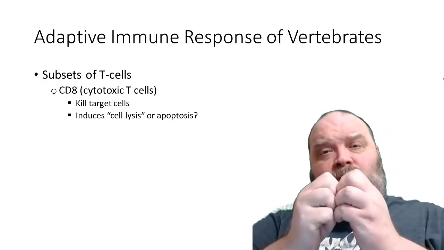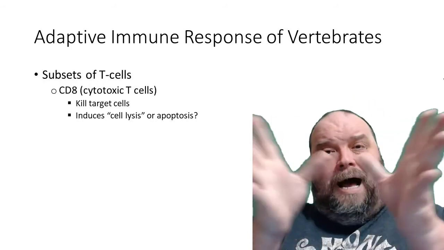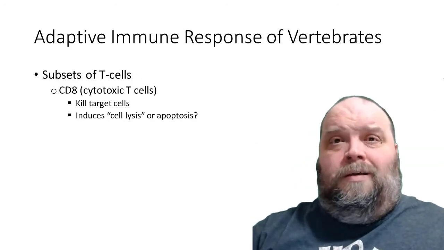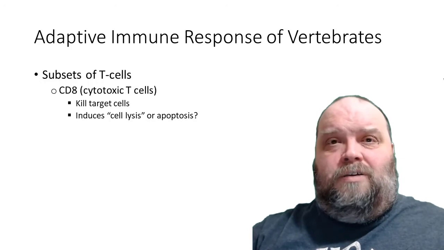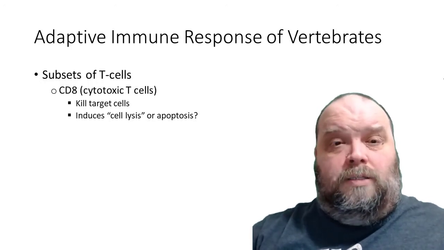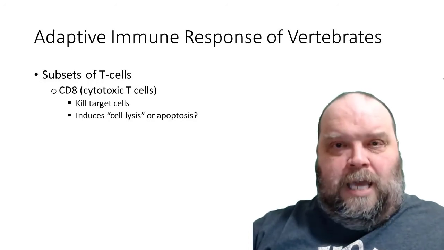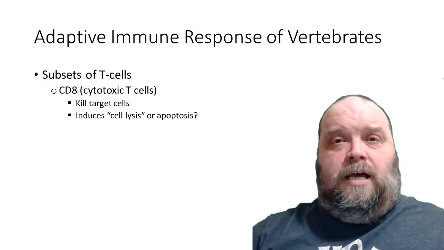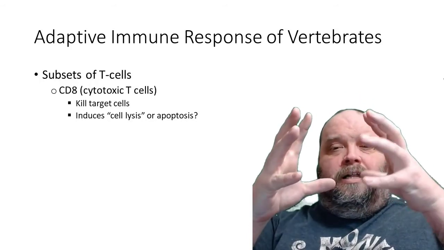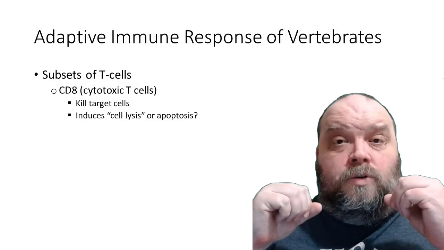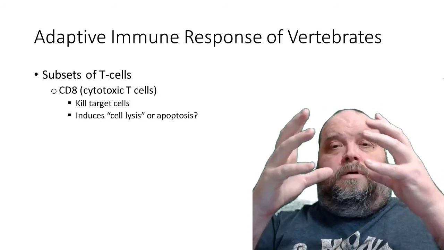So by having your cells lyse, pop, all that stuff gets spewed forth. Things are going to start causing an immune reaction you don't want. What actually happens is the cytotoxic T cell goes and tells the target cell to commit suicide, also known as apoptosis.